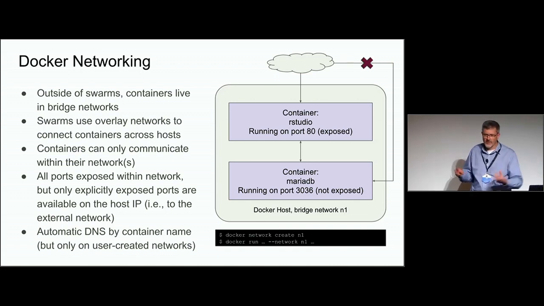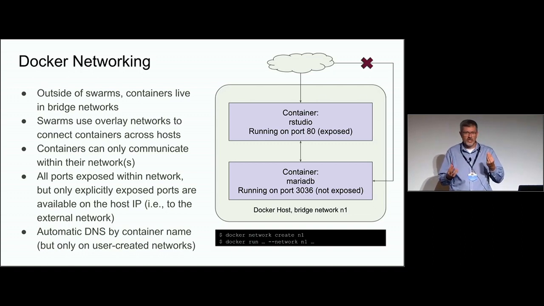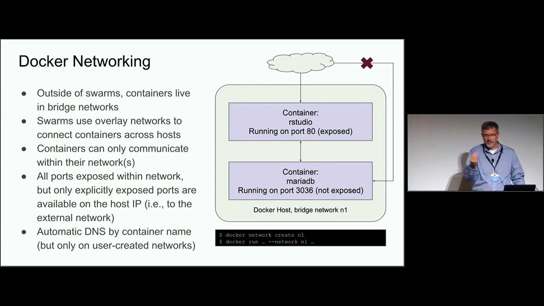Okay, so let's say in our example we have our RStudio or a Shiny server and a database. They can talk to each other by their name. So when you get a connection in Shiny to the database, you would do it by using the name of the database server as your host name for your database connection.